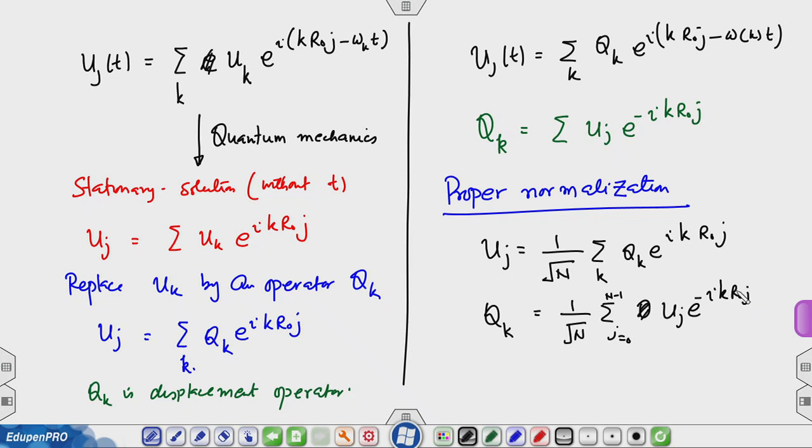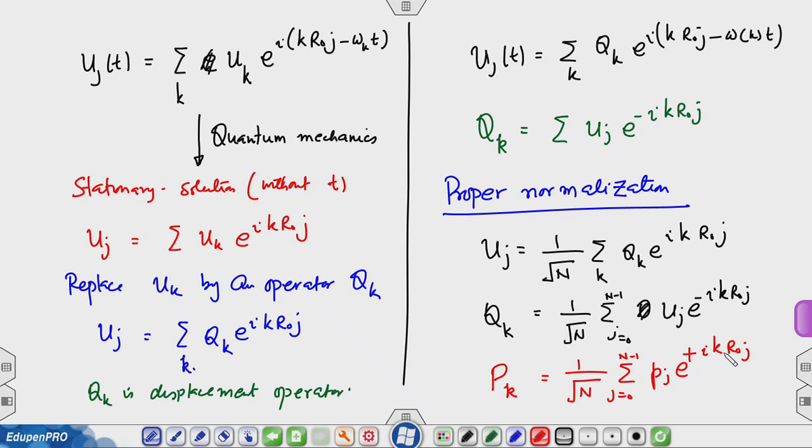And in the same manner, let me define the corresponding momentum operator p k, and you will see there is a subtle difference. This is going to be 1 over square root of n summation j equals 0 to n minus 1 p j e raised to plus i k r naught j. Why we take this plus is so that all the commutation relations are satisfied properly.